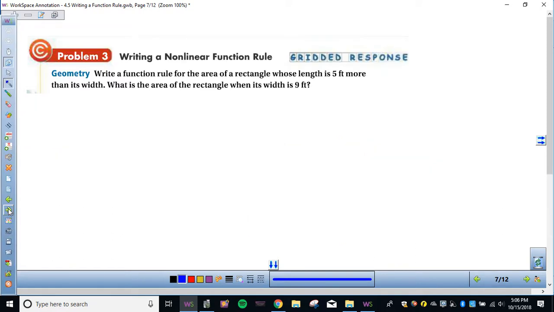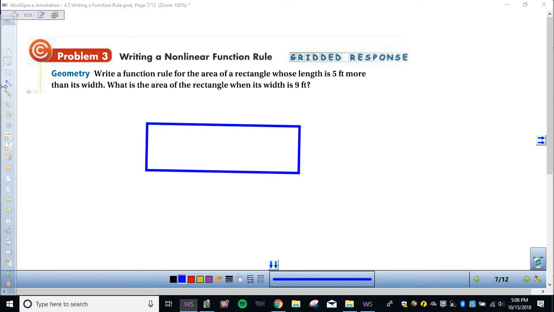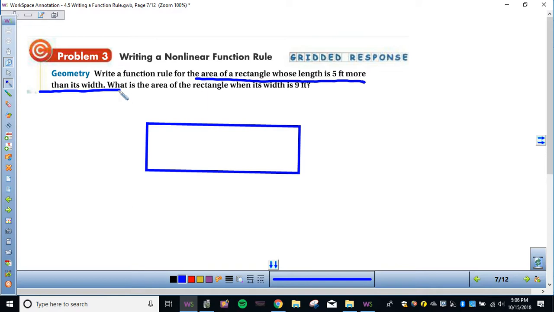Okay, moving on. We're going to write a function rule for the area of a rectangle. So as soon as you see area of a rectangle, we're going to draw a rectangle. And write a function rule for the area of a rectangle whose length is 5 more than the width.